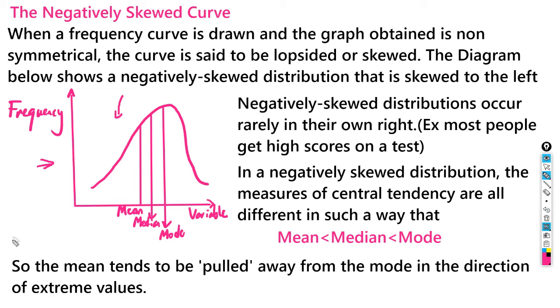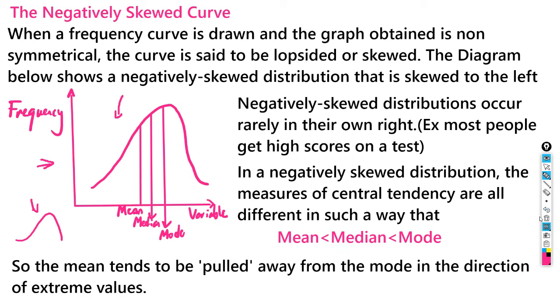Let me draw another one. It should look like this, right? So the left side should be lopsided in a way, and that's the example of the negatively skewed curve. But the most important thing we need to remember is that the mean is less than the median, which is also less than the mode in this negatively skewed curve case.